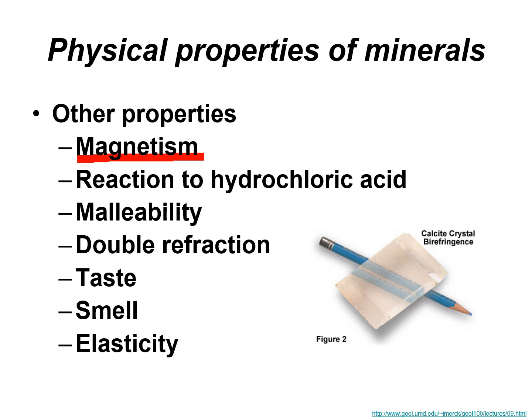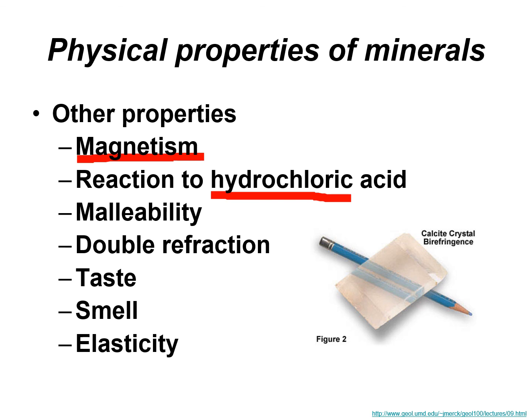And so magnetism, this usually only applies to some of the higher grade iron ores, and some of the titanium ores will exhibit any degree of magnetism. Reaction to hydrochloric acid, we'll post a little video on Canvas for that, but this is only useful for the carbonate minerals like calcite. Malleability, how well you can shape a particular material and have it hold its shape.